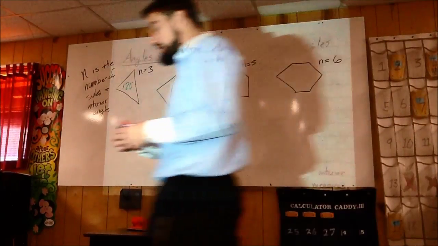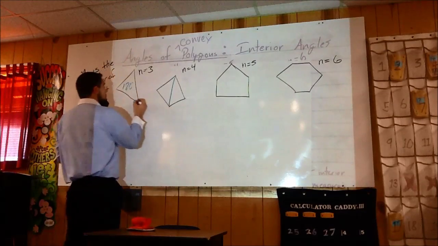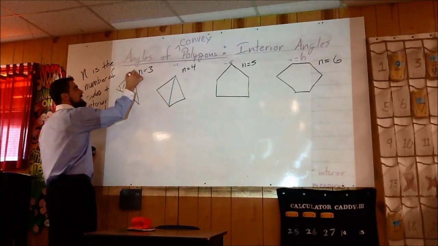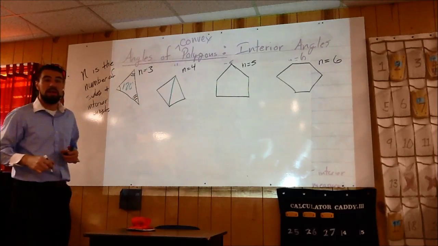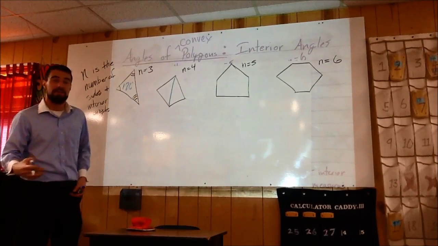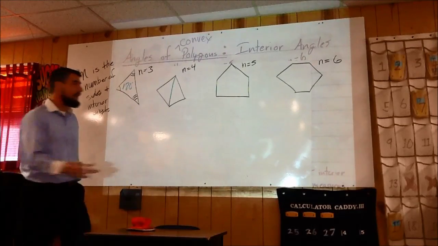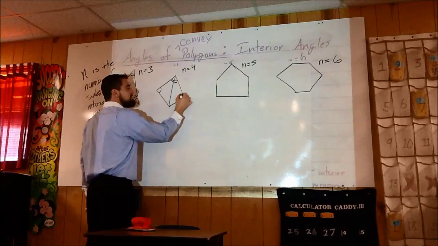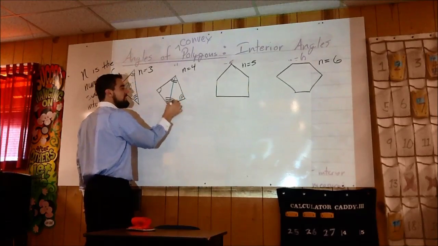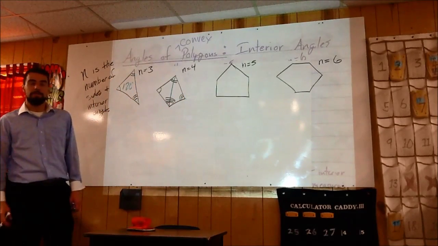We know that this angle plus this angle plus that angle adds up to 180 degrees. What we're trying to find out is what always happens when I add up the 4 interior angles of a quadrilateral.